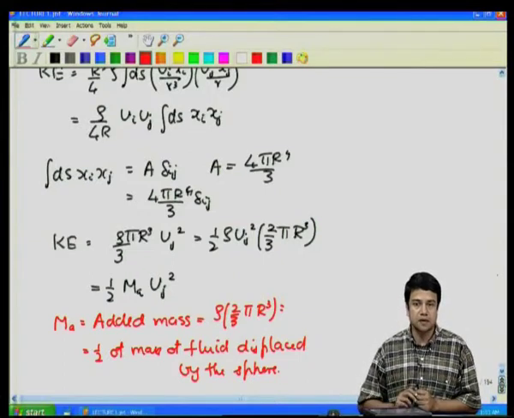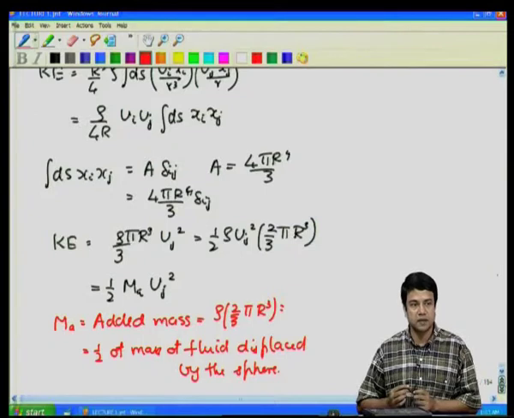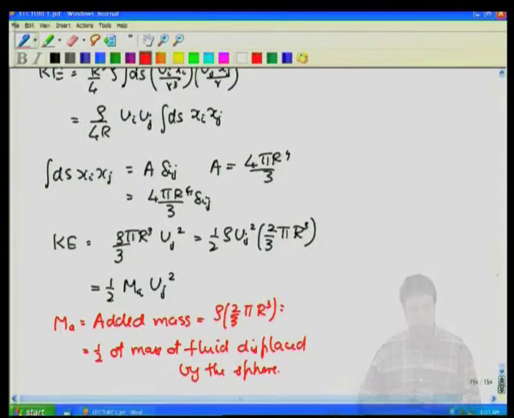So, for this particular sphere moving in a fluid, we got the exact result that the added mass is equal to 1/2 of the mass of fluid displaced by the sphere. If you had some other more complicated shape of an object moving through a fluid, then the added mass would not be 1/2, it would be some other fraction.